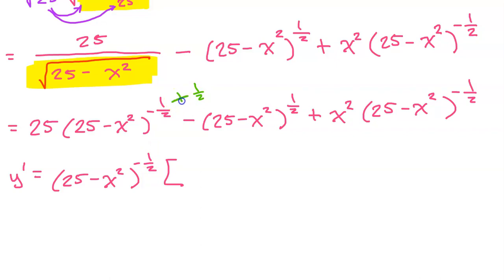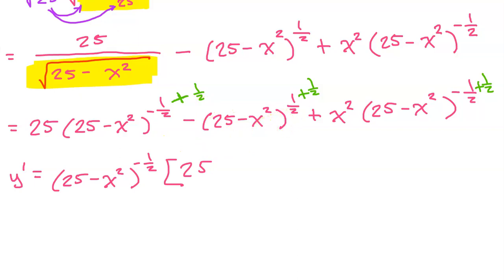And of course, minus a negative is really addition. So that's why I'm going to be adding 1/2 to all of these exponents. So for this first one, you could look at this as -1/2 plus 1/2, that's 0. The 0 power turns this into a 1, so it is now gone, and I just have the 25. Or you could just say, look, this is the common factor that you pulled out front. So you pulled it out front, and now it's gone. So that's why you have just the 25.